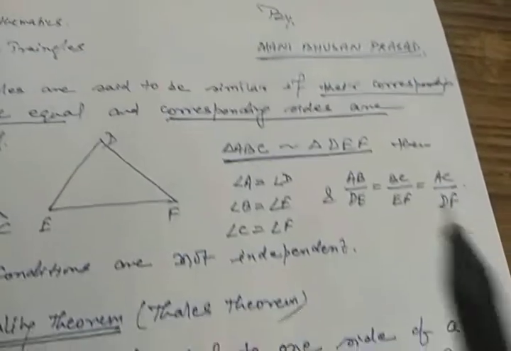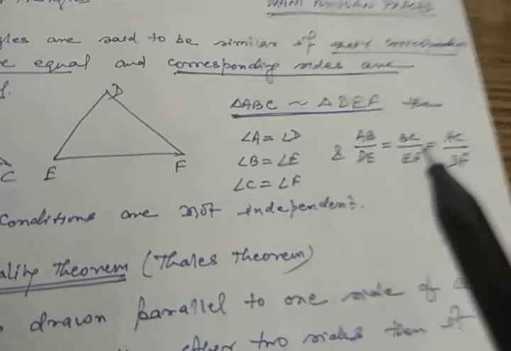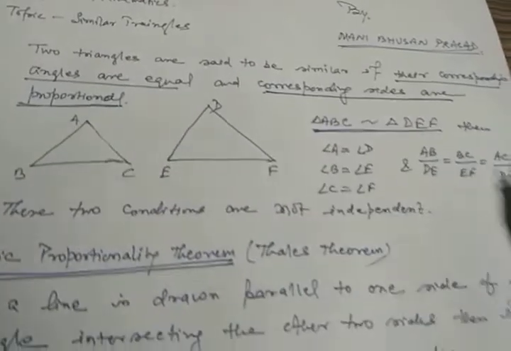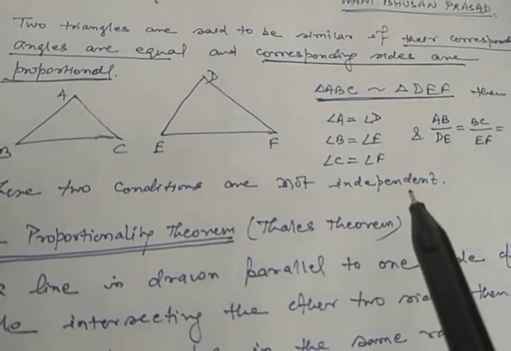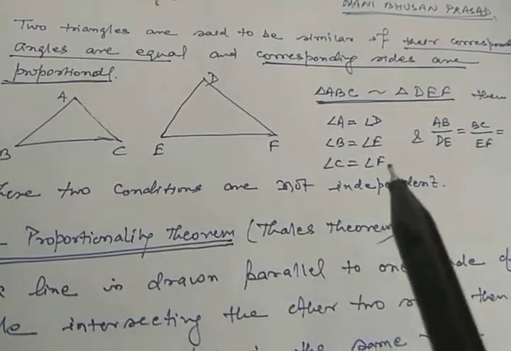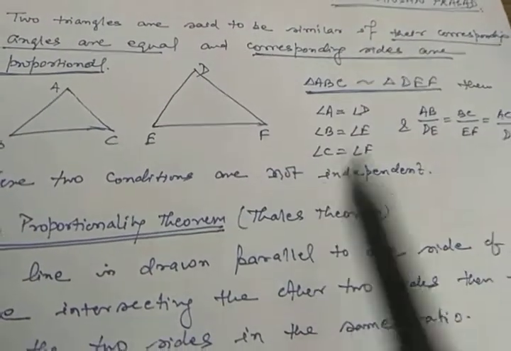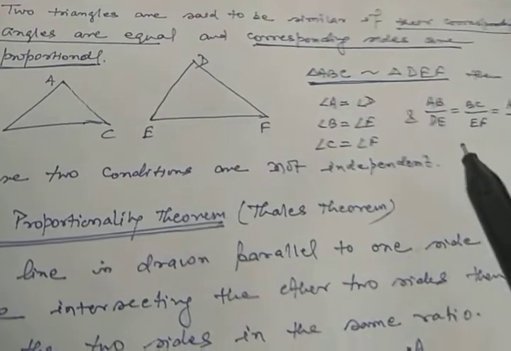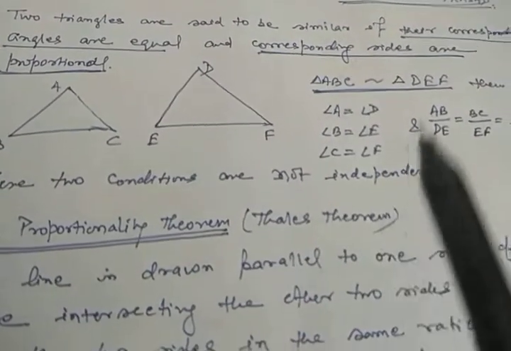So for similarity of two triangles, there are two conditions: corresponding angles should be equal and sides will be proportional. But these two conditions are not independent. What it means? It means if any one is established, then the other will hold automatically. In other words, one condition is sufficient.